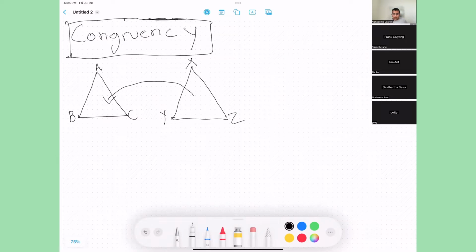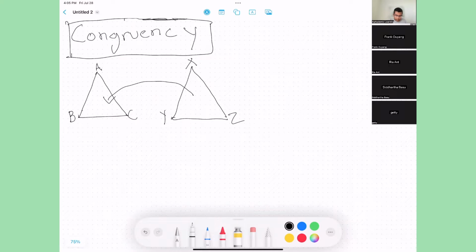That's what congruency means. And for that to happen, what has to be equal? The sides have to be equal, obviously, because if the sides weren't equal, there's no way you could even put the two triangles together and fit them exactly in the first place.